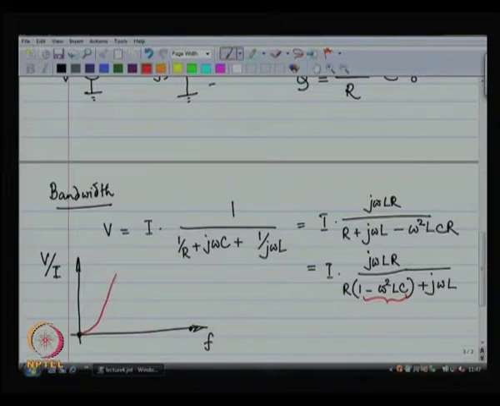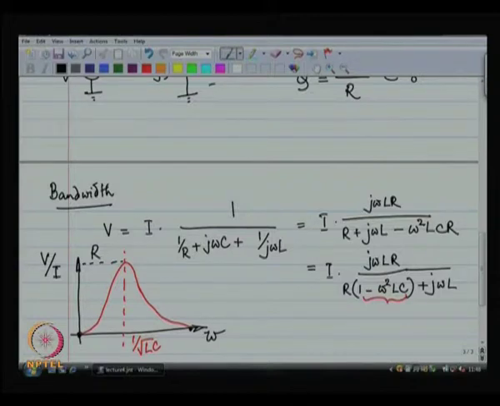So, my curve looks something like this, where this point is 1 by square root of LC. Let us not plot in terms of f, let us plot in terms of omega. And this value is equal to R, which is fine.